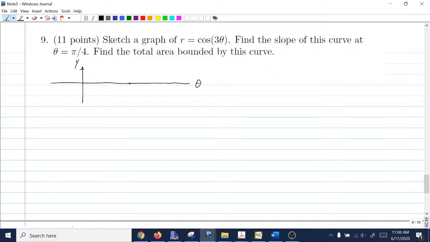If we're doing triple, then over the regular 0 to 2 pi, it's going to do that 3 times. Normally it would go down once, up once. We're tripling that, so it needs to do that in 2 pi over 3. So between here and here, it's going to go down and up.